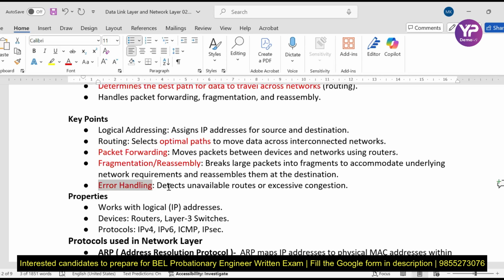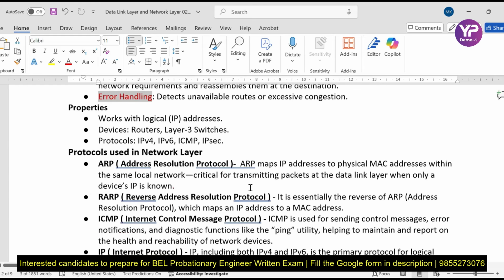It is not for the data link layer, not for the data, not for the application info or application header, and not for the transport layer header. It only checks errors related to its own header. Are you getting my point? That's why it detects unavailable routes or excessive congestion. That is the main point.